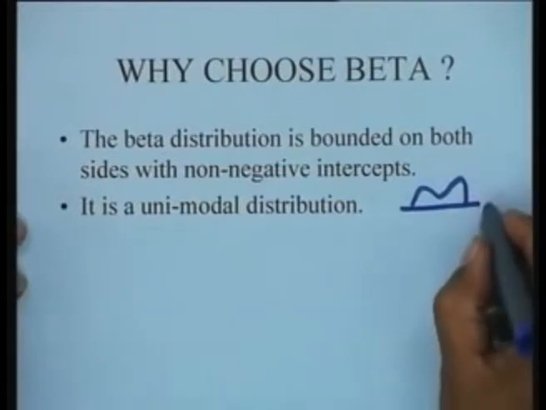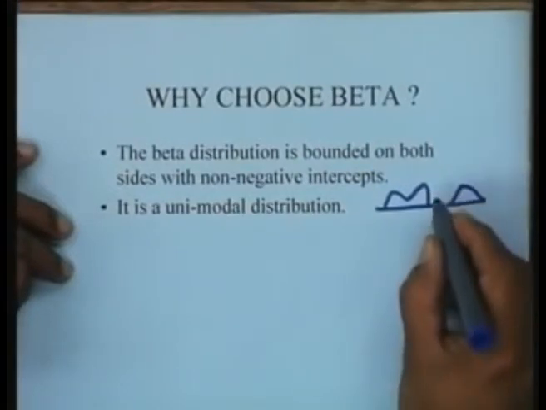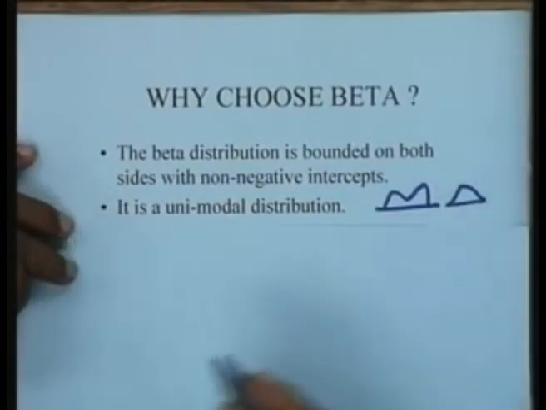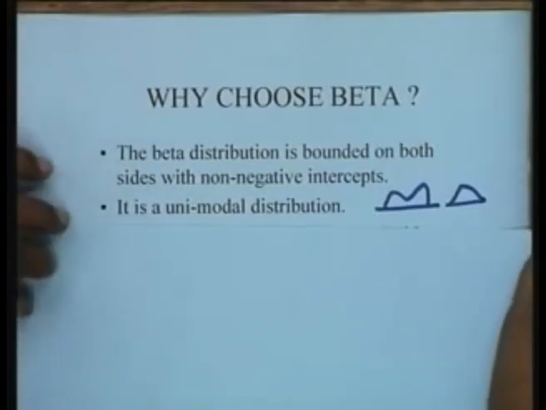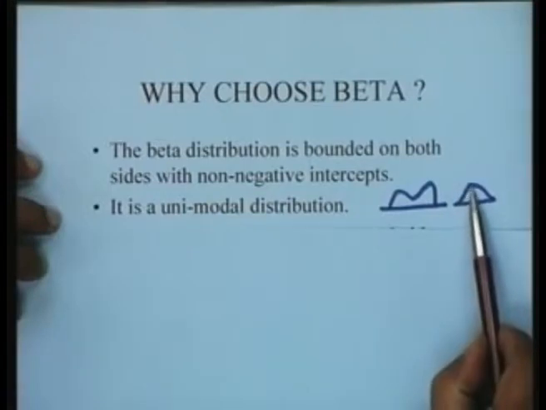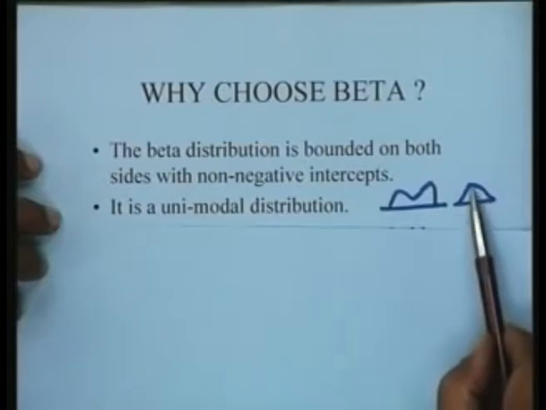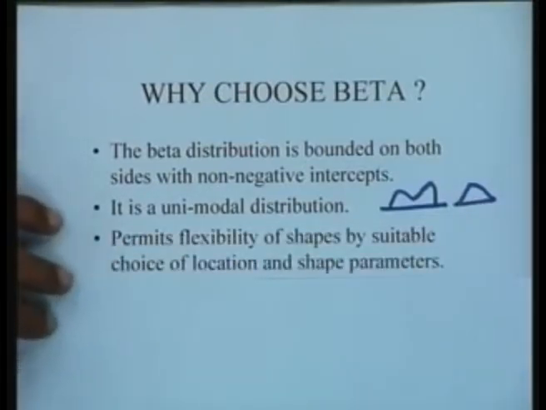So the beta distribution is in fact a distribution which has a single mode, that is a single particular peak in the distribution. So there is this advantage of then referring to this particular value as the most frequently occurring value of time, because it is the peak of this frequency distribution.